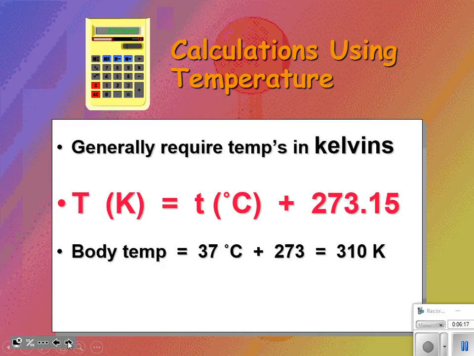Here's an example. Our body temperature is around 37 degrees Celsius. So if we add 273, and I should have put 273.15, if we add 273.15, we are going to get 310.15 Kelvin.